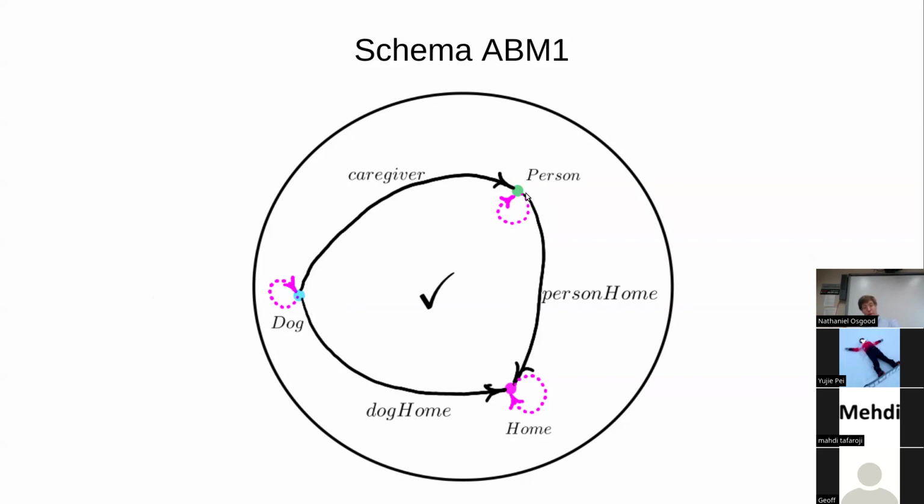So the functor is going to interpret person home as a function mapping from the set of persons to the set of homes. It's going to interpret caregiver as a function. The functor is going to map it to a function from the set of dogs to the set of persons. And it's going to map dog home to a function from the set of dogs to the set of homes. Are we okay with this?